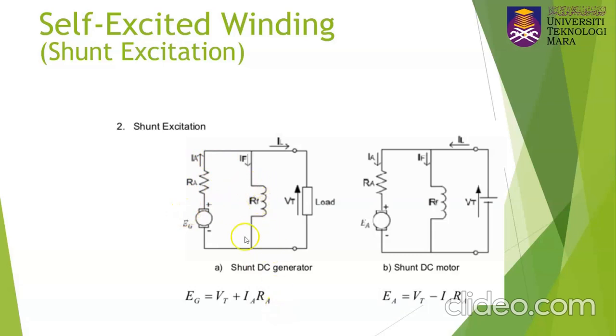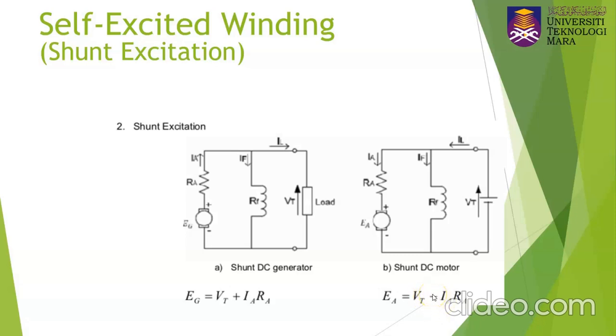In the equation there is no RF since RF is located here, and RA is here, so the KVL we do is across this loop only. That's why your equation only has EG equal to VT plus IARA. Next, for the shunt DC motor, the equation will be EA equal to VT minus IARA. For the generator we have plus, but for the motor we have minus.